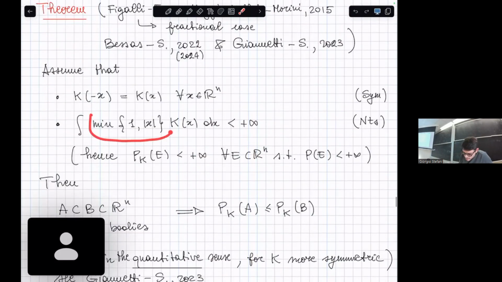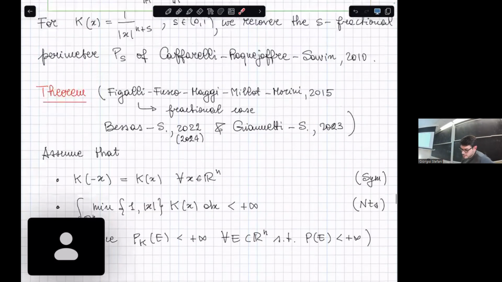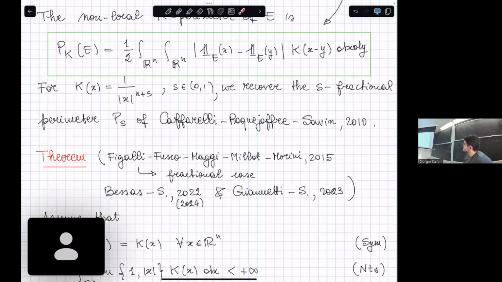The minimum between 1 and modulus of h, times the kernel, is integrable on Rn, so you assume some integrability assumption for the kernel. And in this situation, as soon as you give me a potato with a finite perimeter in the usual sense, then also this function is finite.